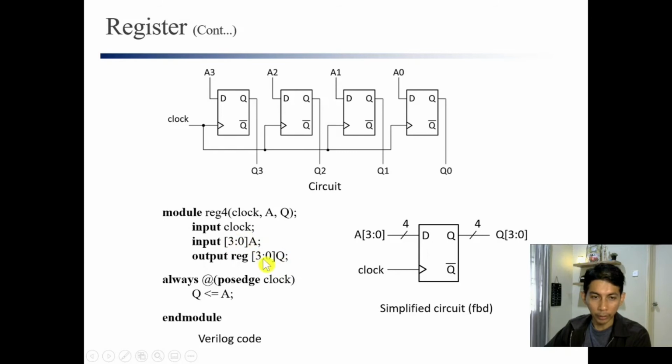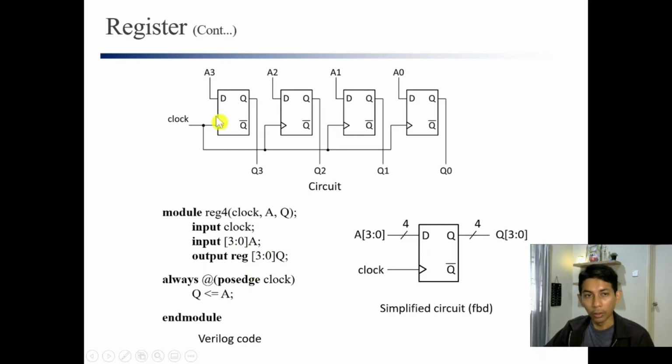Q also more than one bit. Then you get a register. So the design of a register is pretty straightforward, simple. Just like you design a flip-flop. The only different thing is that you have more bits for A, the input, and the output.